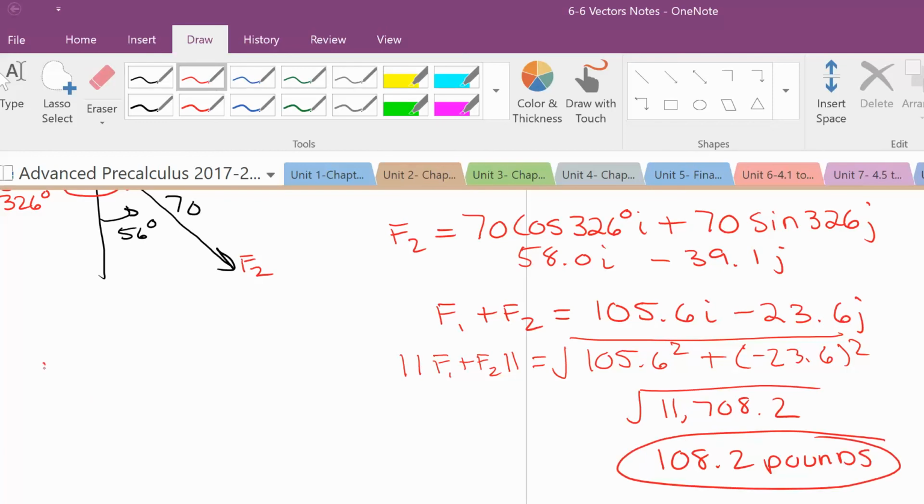The direction, there's a couple ways that you can do this.